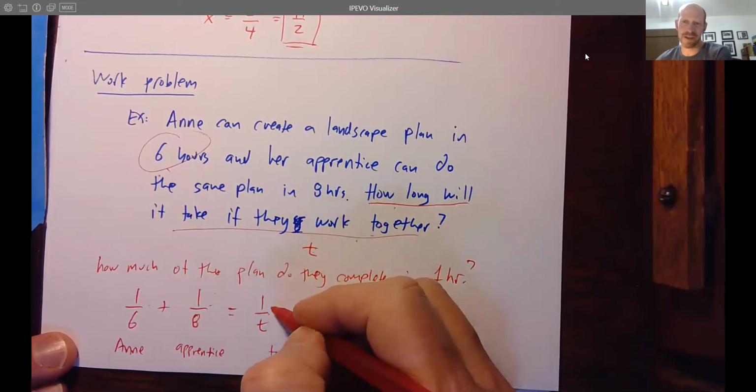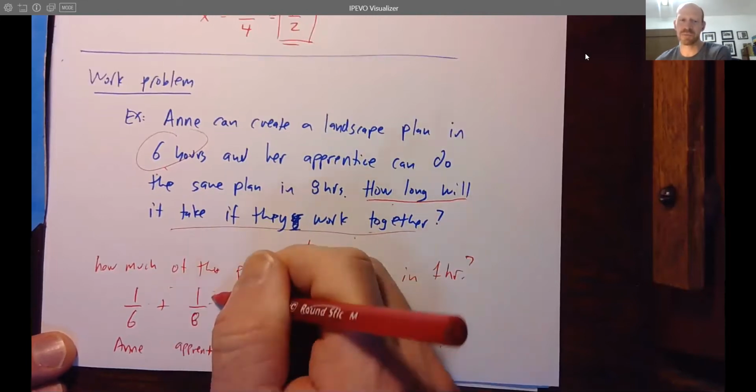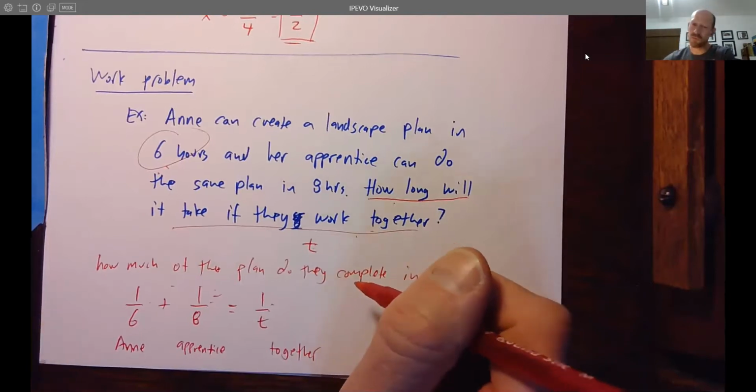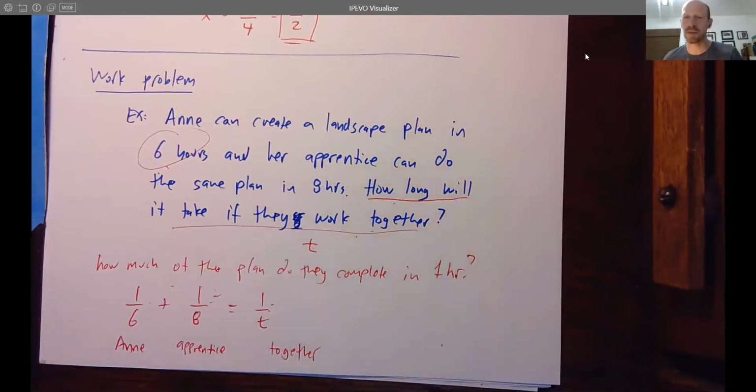And that amount has to be equal to the amount that Anne gets done plus the amount the apprentice gets done. And this format is how these work problems are structured. So that's how you want to look at these problems.